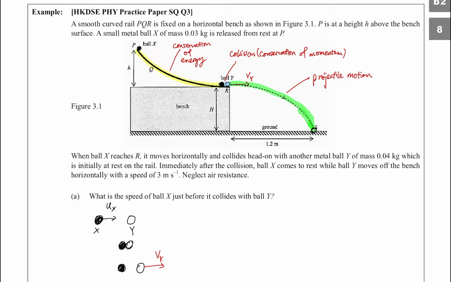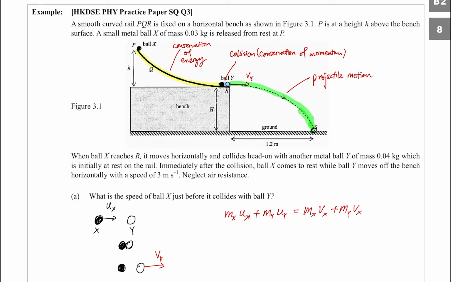Okay, so now we would use the conservation of momentum, and therefore we can write down mx ux plus my uy equals mx vx plus my vy. There are two things we need to note.